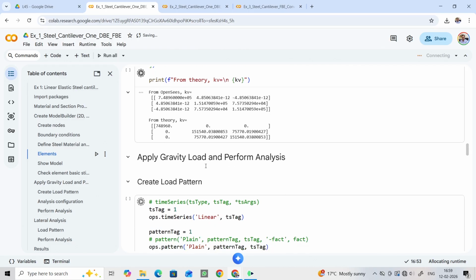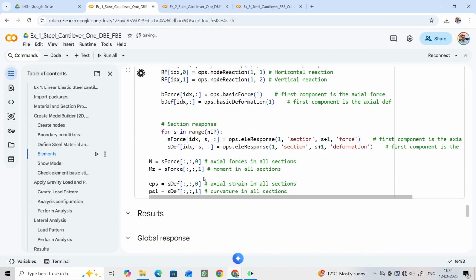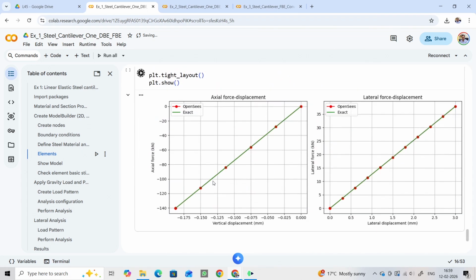And then finally, if you come back and look at the global force displacement response, let it complete. Again you see that it is matching extremely well. So, this is with 2 Gauss-Legendre integration points with displacement based element.